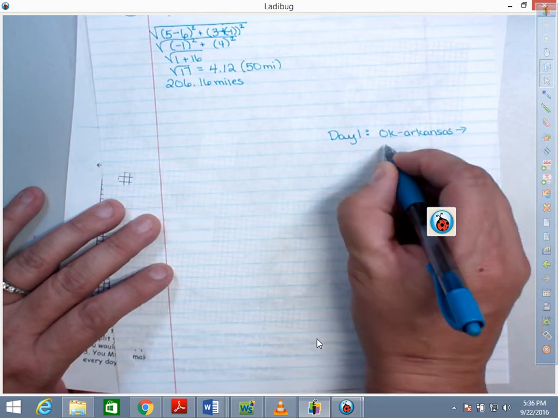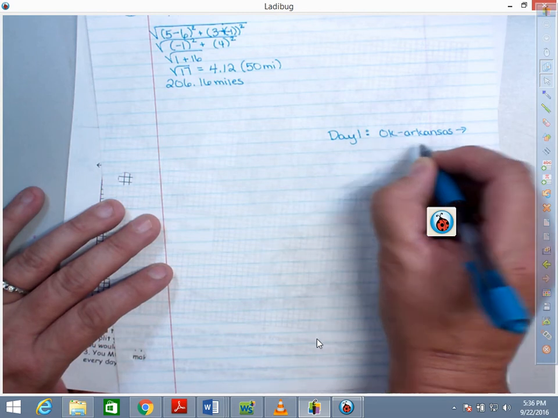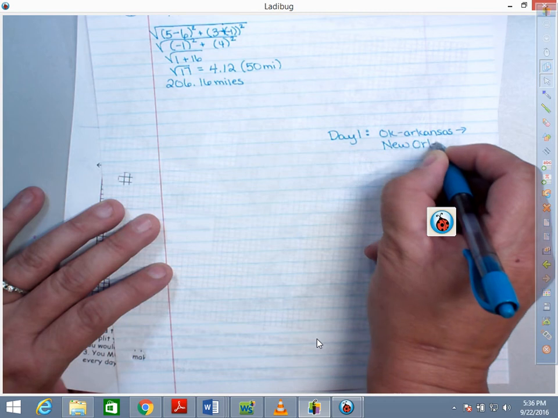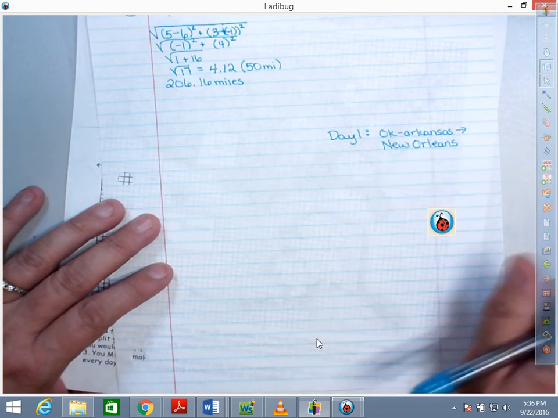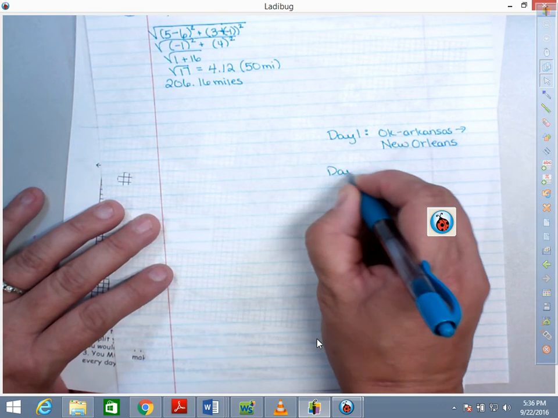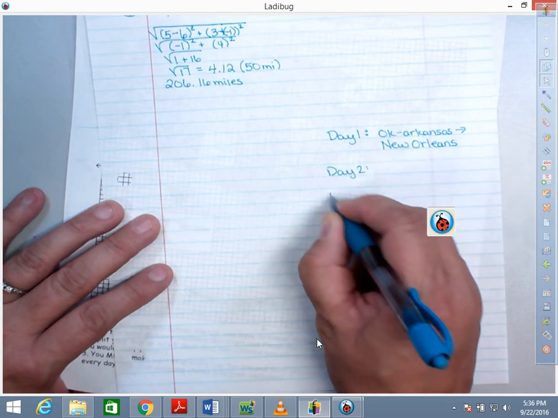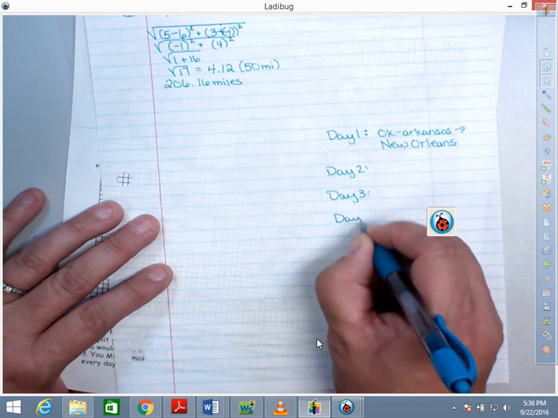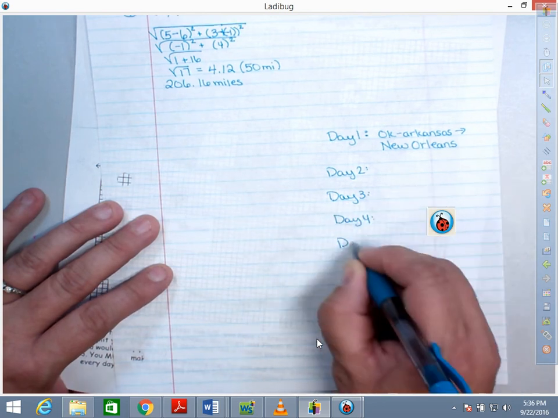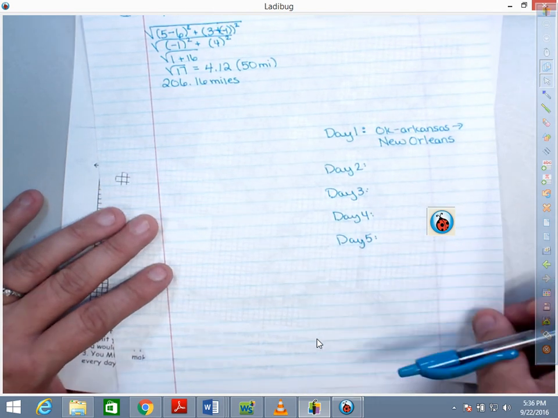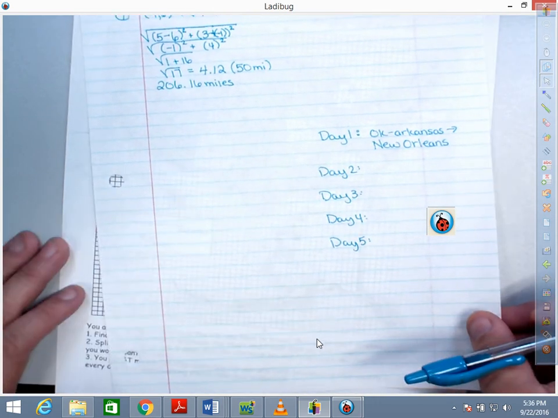I put mine because I want to go to New Orleans, and that's my first day. So you're going to have 5 of those days, and you're going to tell me where exactly you're going on each day. I don't care how you change those up, but you need to split those up.